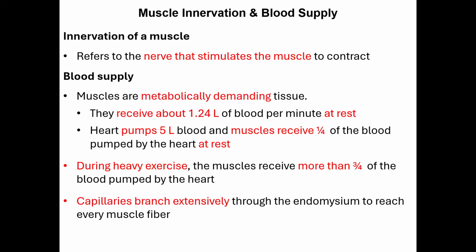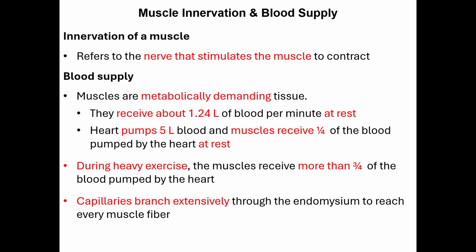Normally, when you're not doing any exercise, 1/5 of your cardiac output, so the heart is pumping about 5 liters every minute, is going into muscles. But when you're exercising, that goes even higher. About 3/4 of your cardiac output goes into muscles.